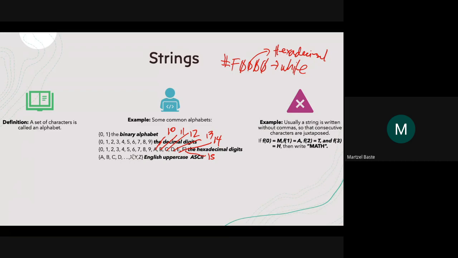And then English uppercase, which is ASCII code, American Standard Code for Information Interchange. This is the organization that standardizes that all hardware must follow the same ASCII.